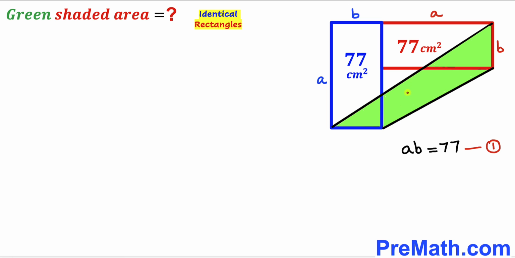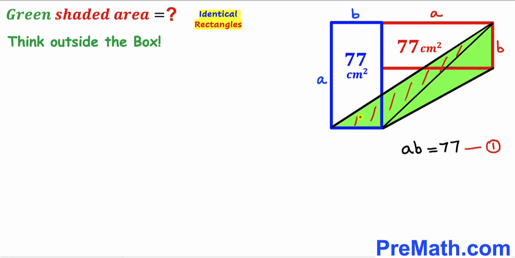And now our task is to calculate the area of this green shaded region. And we are going to think outside the box. Let's go ahead and connect these two vertices, as you can see in this next step. And as a result, we end up with these two triangles. This is our first triangle, and this is going to be our other triangle.